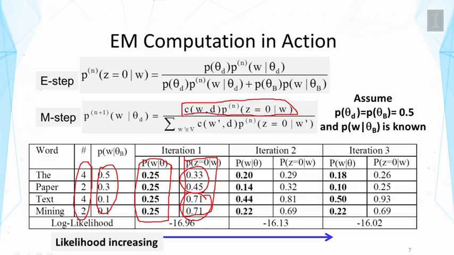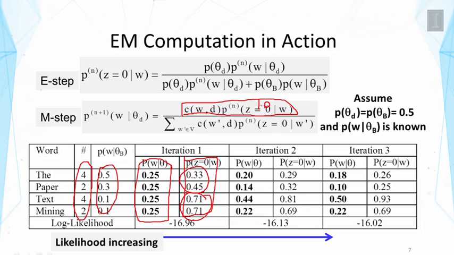Note that if our guess says this is 100%, if this is 1.0, then we just get the full count of this word for this topic. But in general, as I said, it's not going to be 1.0. So we're going to just get some percentage of the counts toward this topic.